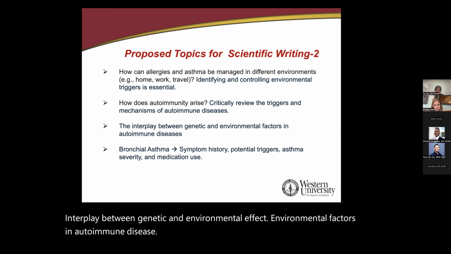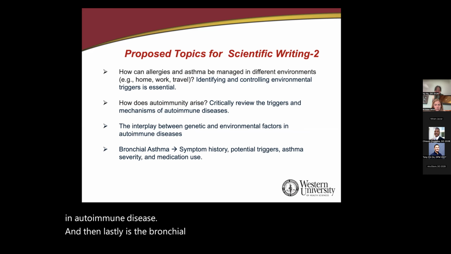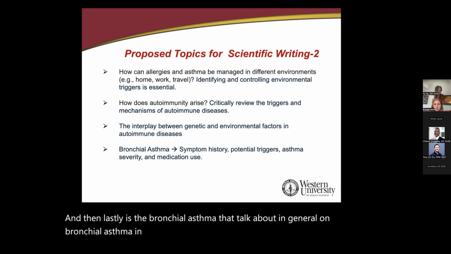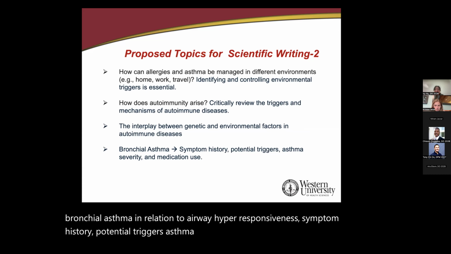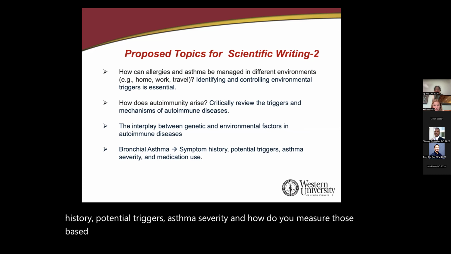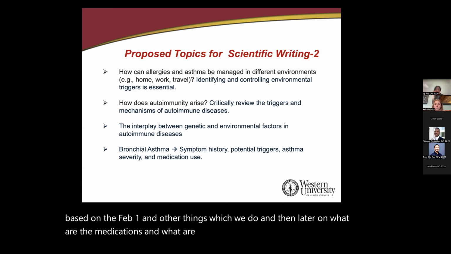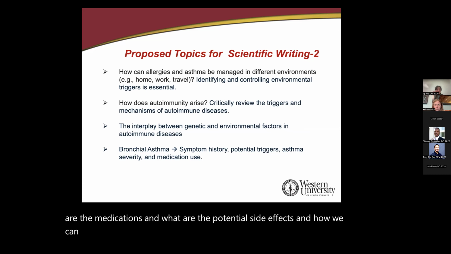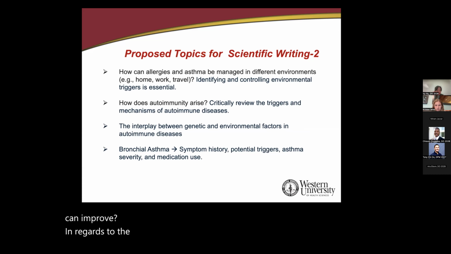And lastly, bronchial asthma, talking in general about bronchial asthma in relation to airway hyperresponsiveness, symptom history, potential triggers, and asthma severity, and how you measure those based on FEV1 and other things we do. Then, what the medications and potential side effects are, and how we can improve treatment strategies.